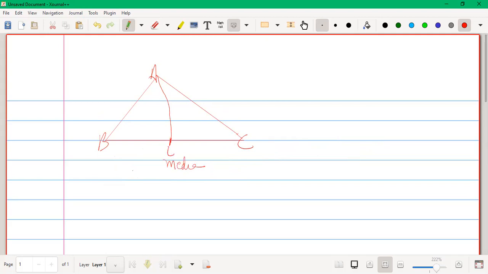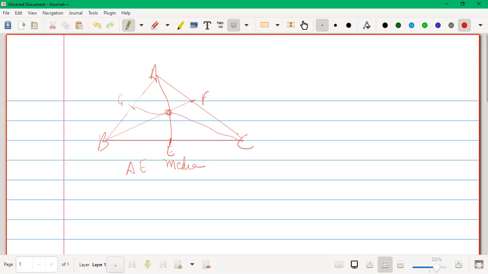So AE is the median. Then here I took a midpoint. BF is the median. Here I took a midpoint. GC is the median, right?